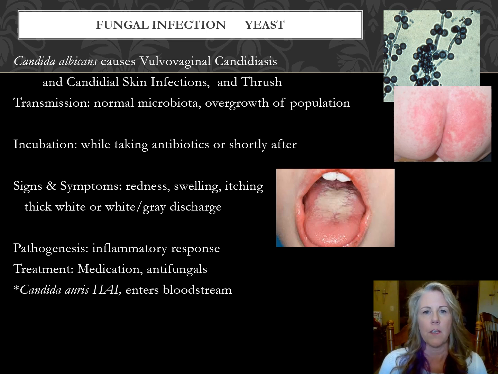Now there's another one that you may have heard in the news, still the same genus, Candida, but it's an up-and-coming organism that's causing infections, and it's called Candida auris. Candida auris is an up-and-comer as a healthcare-associated infection.